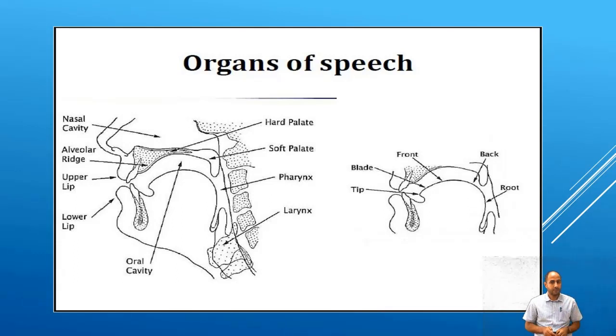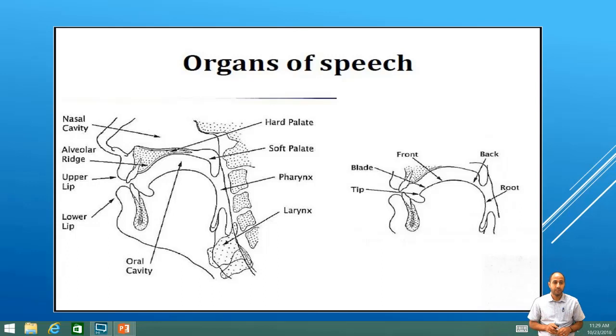At the very front region we have the alveolar ridge, which is just behind the upper teeth, and in the middle we have the hard palate, which represents most of the roof of the mouth. At the very back region, we have the soft palate, which is responsible for dividing sounds into either oral or nasal sounds.